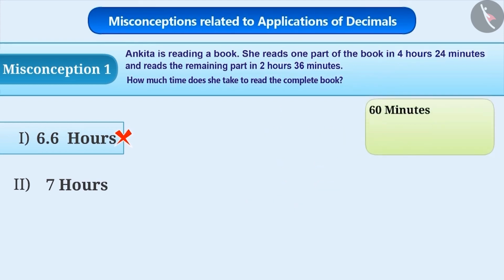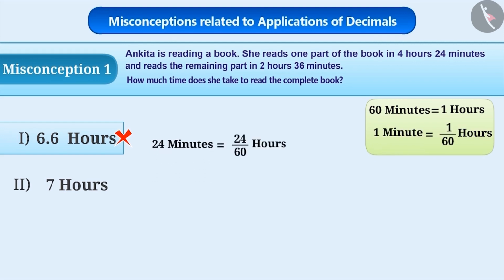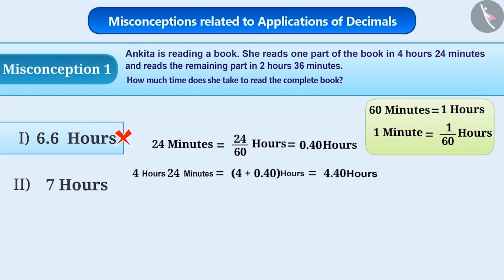As you know, 60 minutes is equal to 1 hour. So 1 minute is equal to 1 by 60 hours. Therefore, 24 minutes equals 24 by 60 hours equals 0.4 hours. 4 hours and 24 minutes equals 4 plus 0.4 hours equals 4.4 hours.